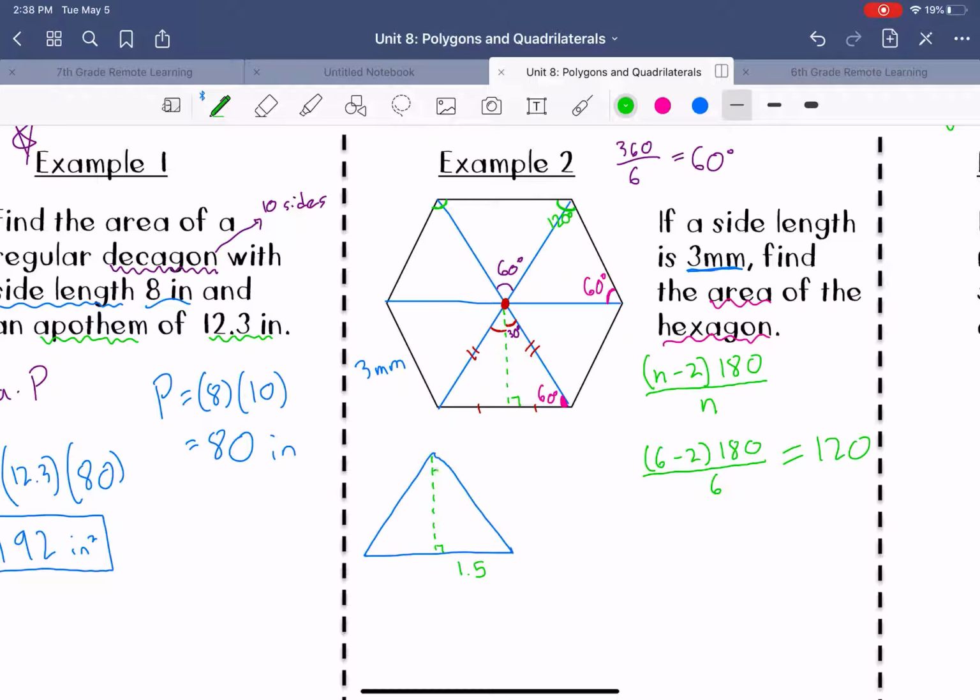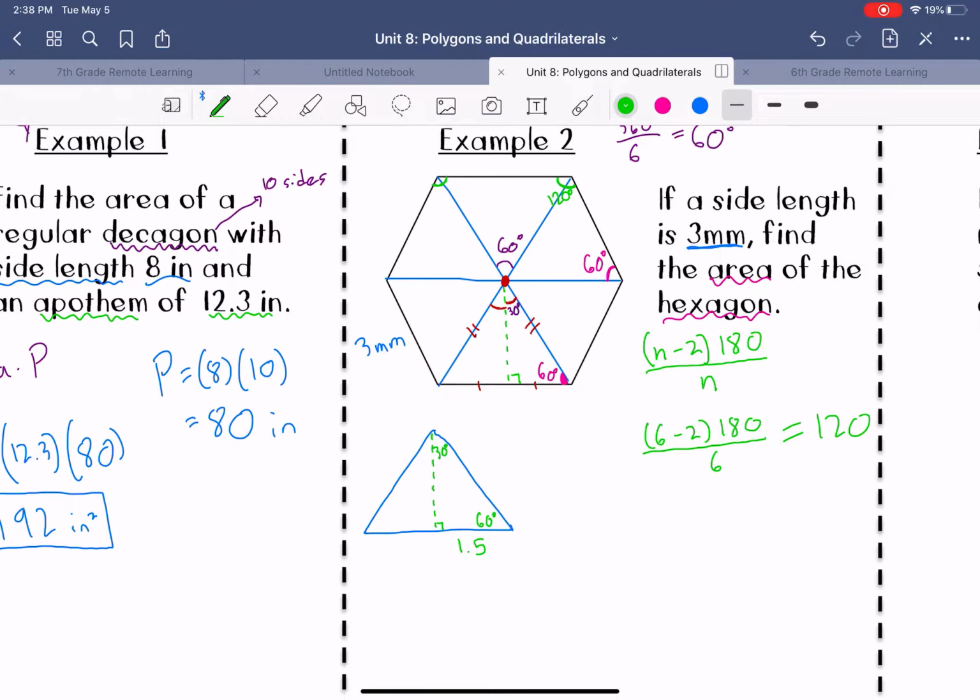I know that this angle at the top is 30 degrees and this angle at the bottom is 60 degrees. So I have a 30-60-90 right triangle, and the 1.5 is my short leg. So I always know that the short leg, we could call that S.